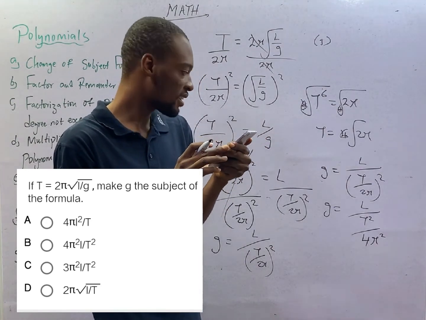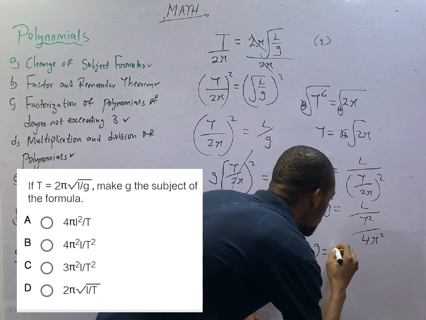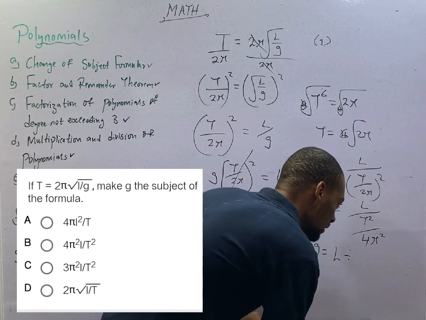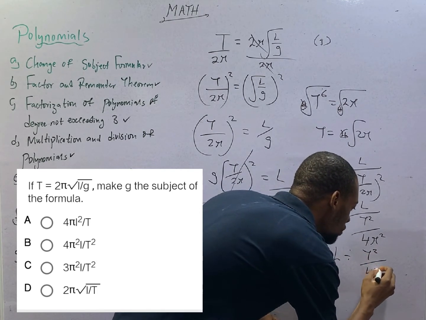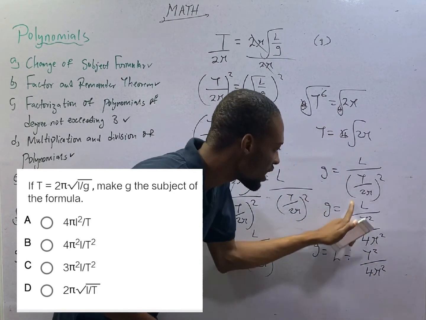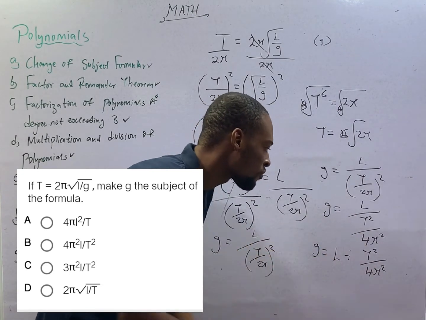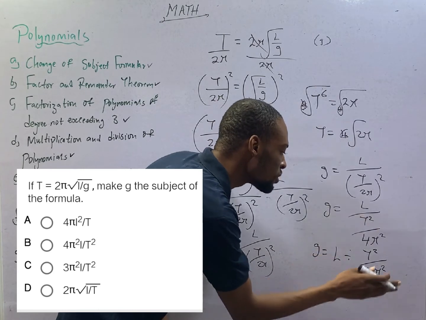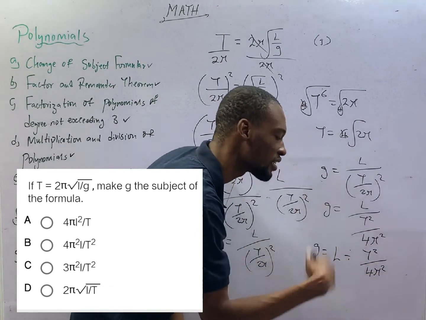They simplified further. This is what they did. G becomes L divided by t squared over 4 pi squared. If you change this division to multiplication, this other part of the expression inverts.